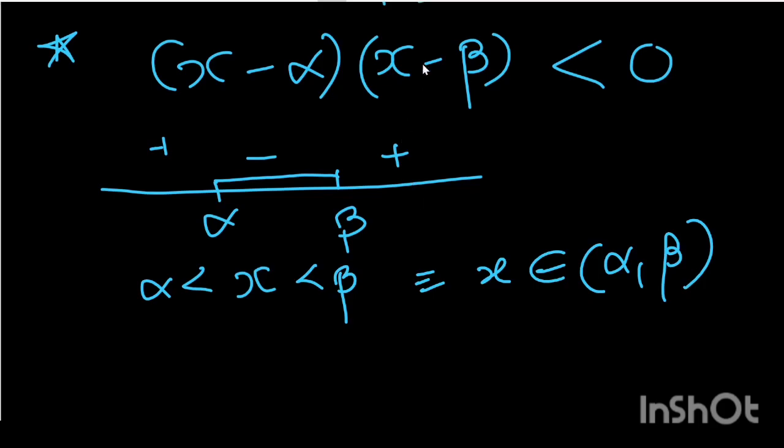So for (x minus alpha)(x minus beta) less than 0, the answer is x greater than alpha and less than beta. Equivalently, x belongs to the open interval alpha comma beta.